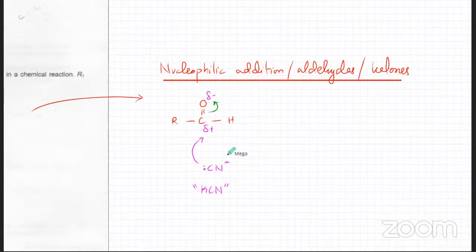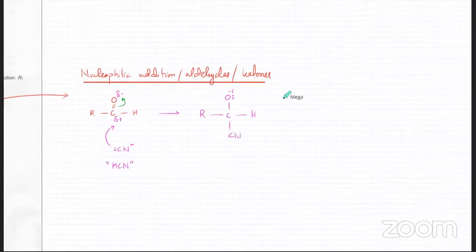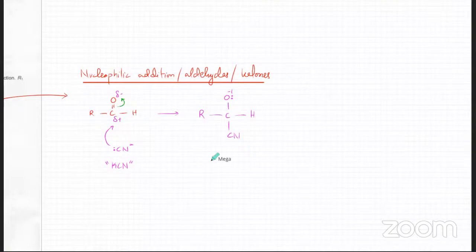Because the CN minus is negatively charged, so the double bond electrons over here would eventually be repelled because of the negative charge that's coming from here. And when this happens, this is produced. The CN bonds at the bottom, and the double bond electrons get repelled and they go to the top. So this is what is going to be formed. That's your intermediate in this case.